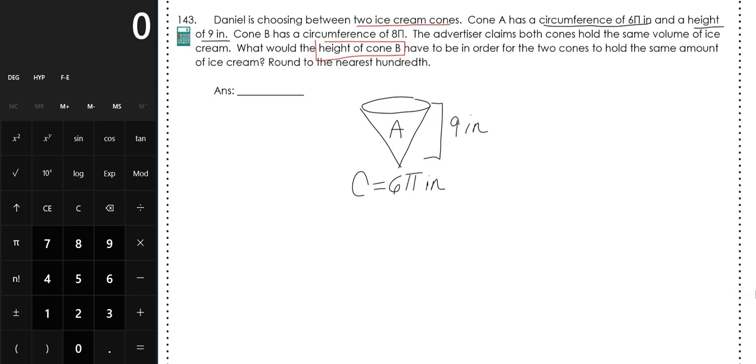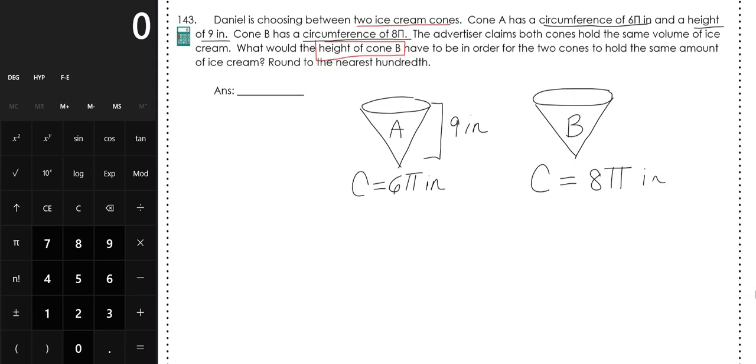Then we have a second cone, cone B, that has a larger circumference, a circumference of 8 pi. So that means it's going to be wider. Remember, circumference is like the perimeter of a circle. So the larger the circumference, the bigger the circle. So I made this one a little bit wider. I'm calling that cone B, and I'm writing down that the circumference is 8 pi inches.